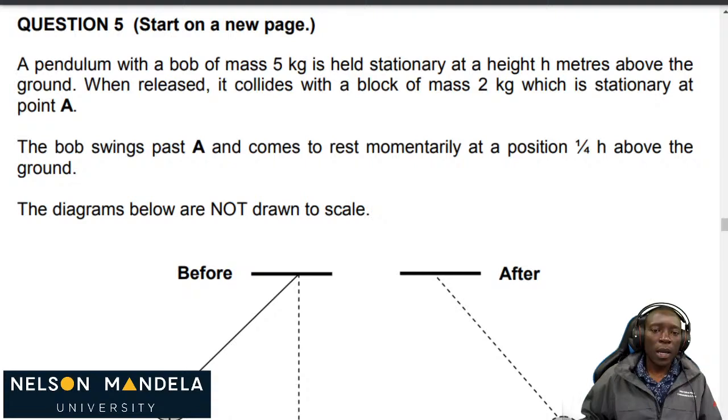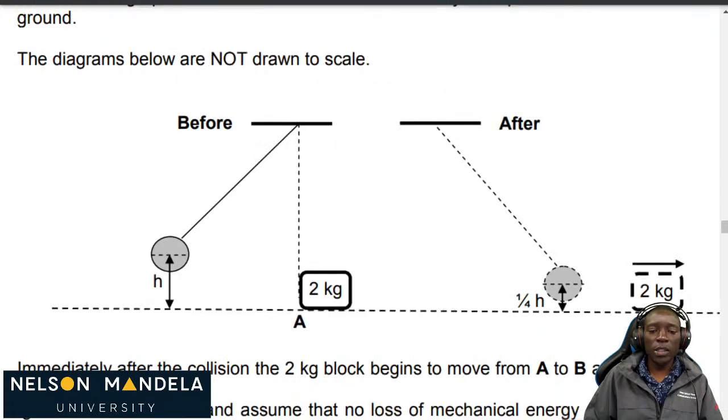When released, it collides with a block of mass 2 kg, which is stationary at point A. So here is the diagram, height h, where the bob is displaced, and when released, it swings and collides with a 2 kg block at position A, which is just vertically below the point of suspension of the pendulum.